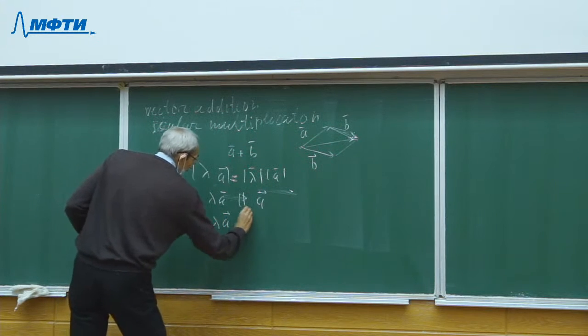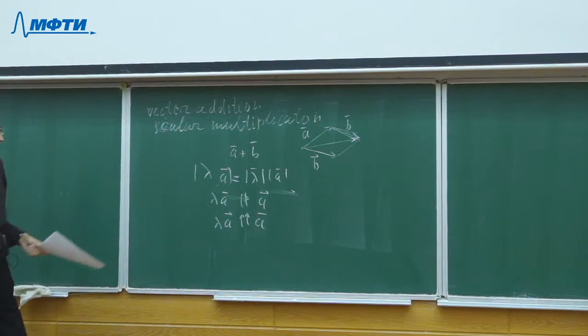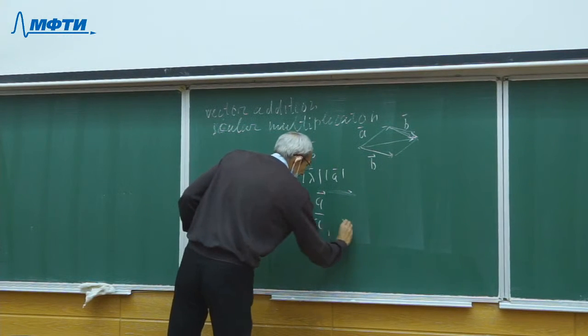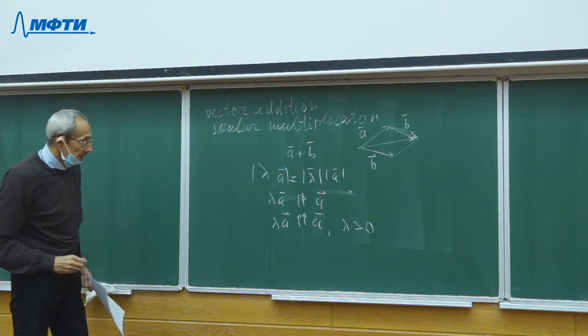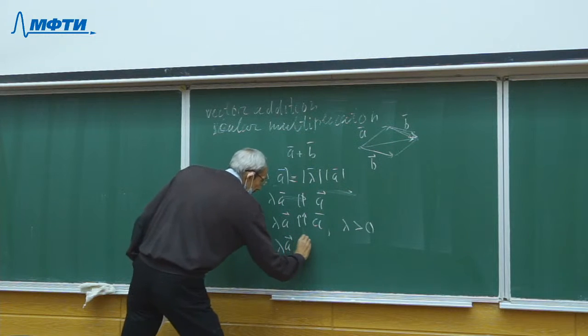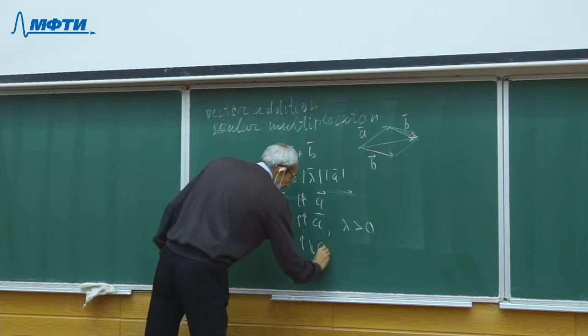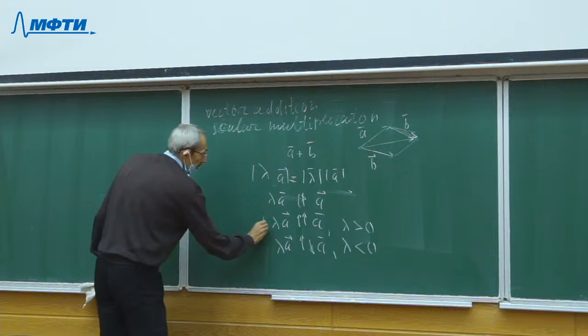Lambda a has the same orientation if lambda is a positive number, and lambda a has opposite orientation if lambda is a negative number.